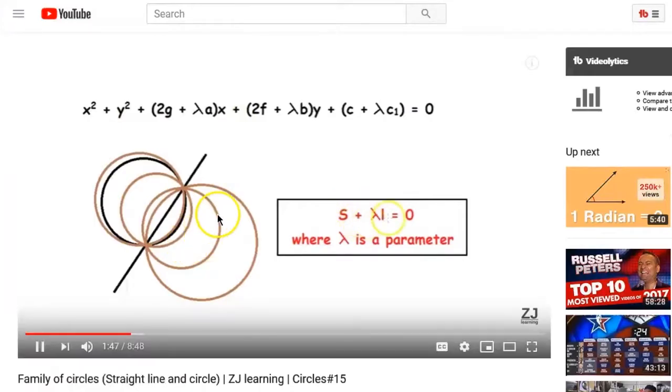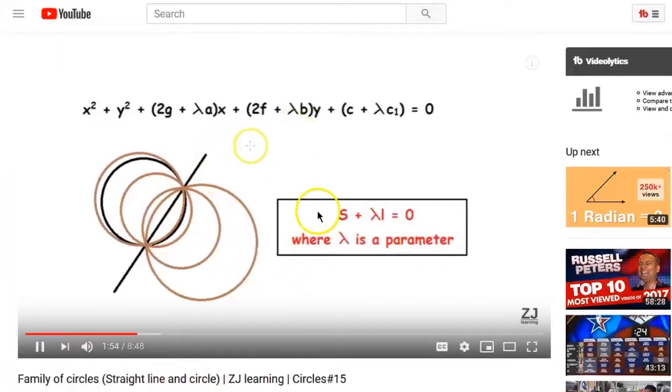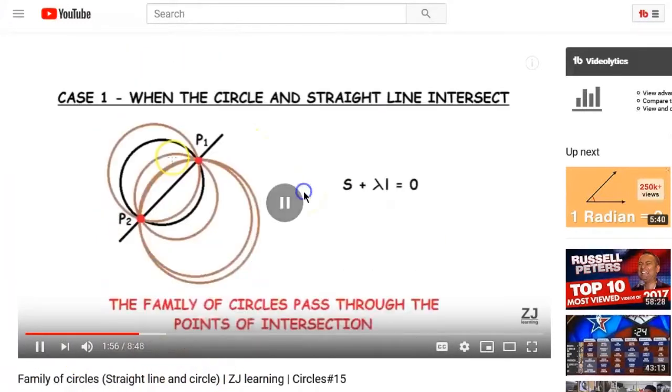In our previous video, we learned about the family of circles through the combination of a circle and a straight line. Today, we'll be looking into the family of circles through the combination of two circles.